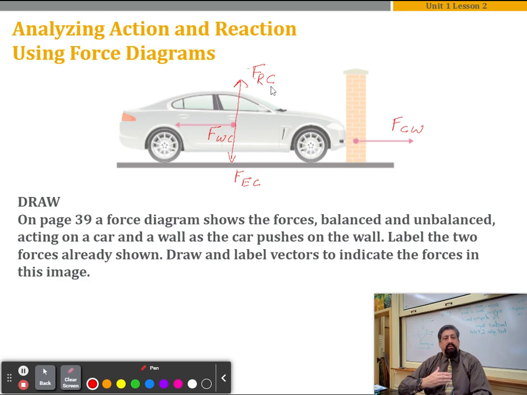So the Earth is pulling the car down. The road is pushing back up on the car. This is the normal force. The force of the Earth on the car is the gravitational force. We're going to not worry about friction right now.